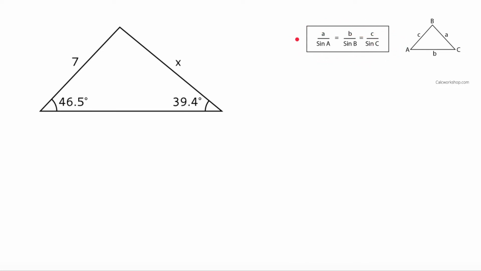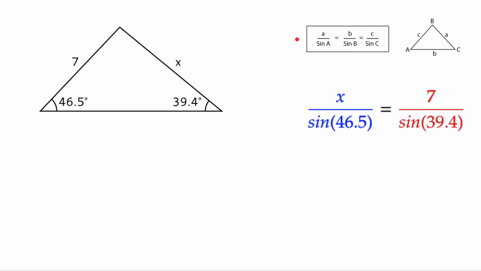Using the law of sines, we write it like this: x over sine 46.5, again, a over sine A. X over sine of this.